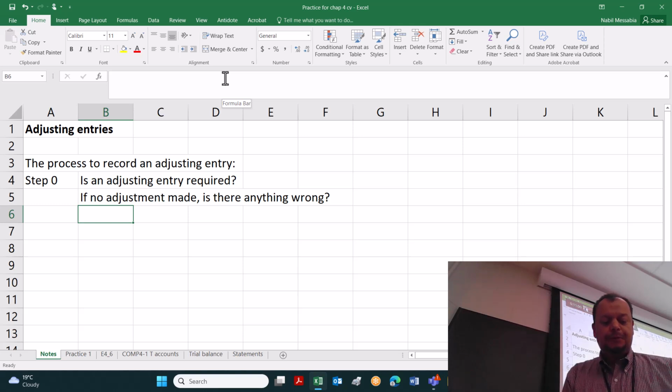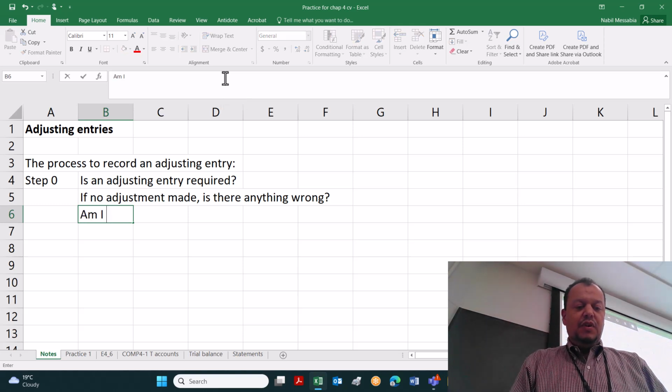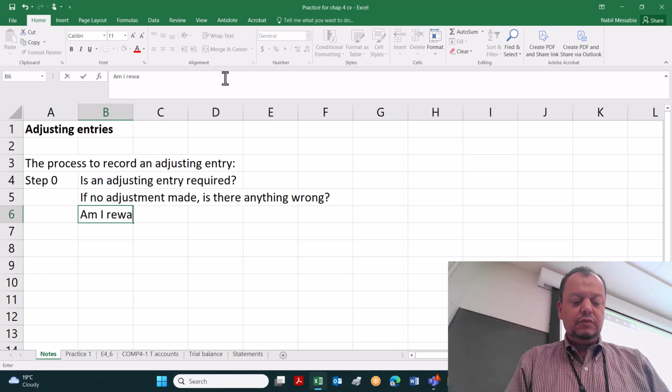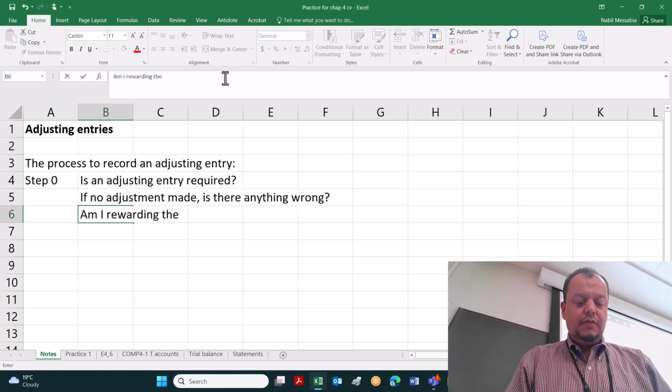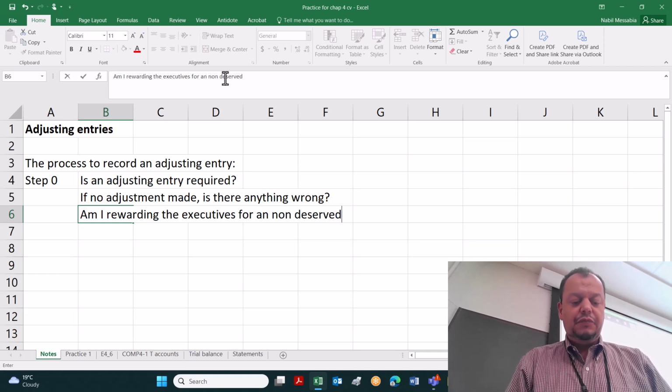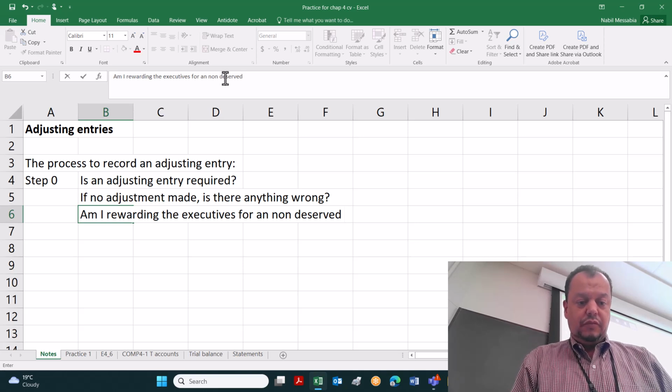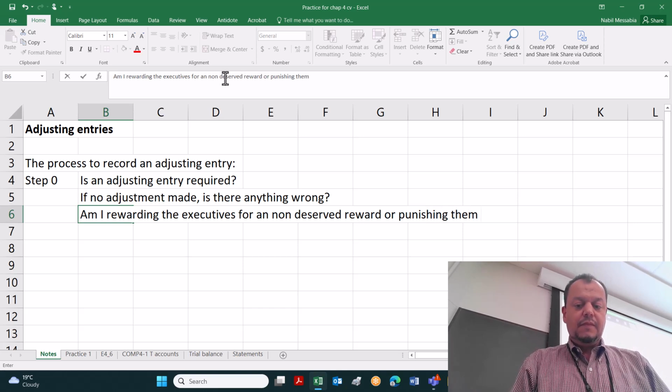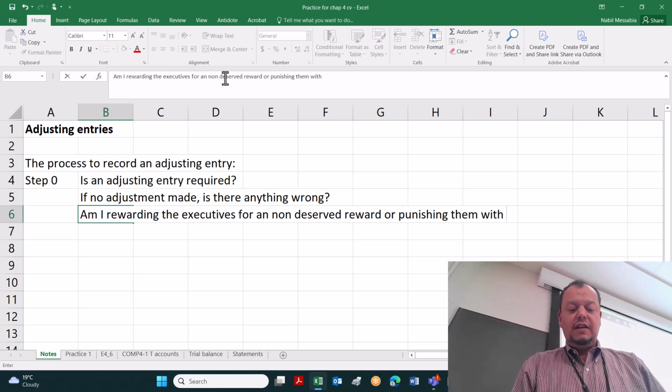Which means, am I, for example, rewarding the executive team for a non-deserved reward, or punishing them with an unfair expense?